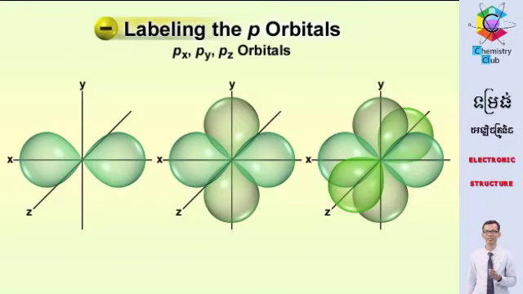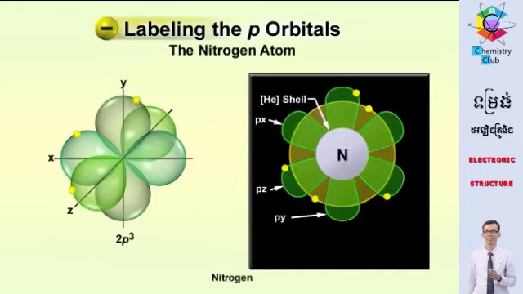The 3 orbitals for the p sublevel are usually referred to as the px, py, and pz orbitals. So if we wanted to be more explicit, we would symbolize nitrogen as 1s2, 2s2, 2px1, 2py1, 2pz1.